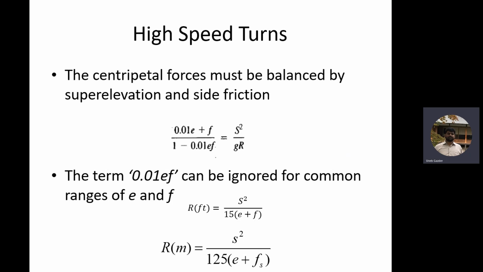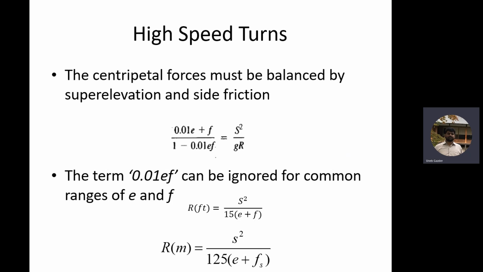Now, one thing which we will use later on as well: you see both of these terms, 15 and 125, are in the denominator, right? Usually, if I have to put a constant, it's easier to put it in the numerator, above the division, it's easier to remember. Why are we complicating the equation by putting it in the denominator?